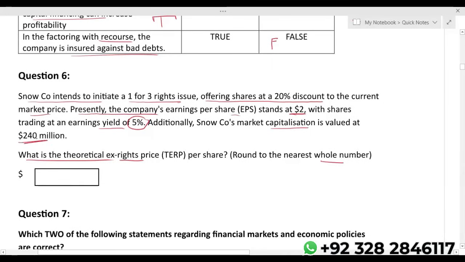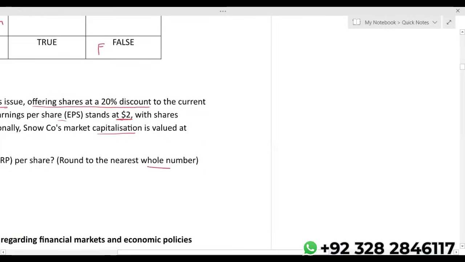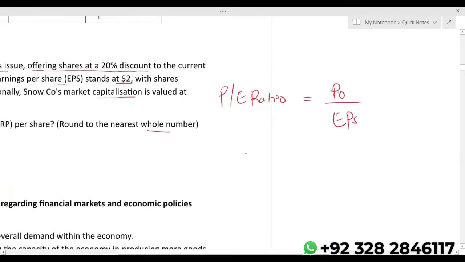Okay, fine. Now, earnings yield. Let me first write. If you recall the price earnings ratio, the formula of the P/E ratio is P0 upon EPS. Earnings yield is the inverse of the P/E ratio.